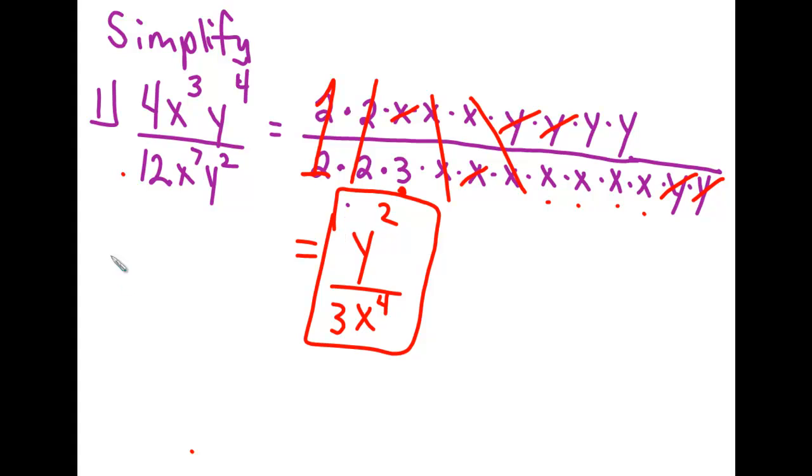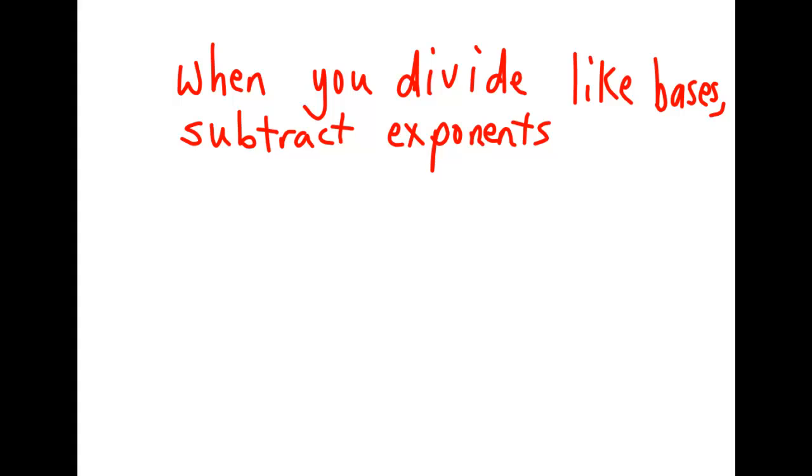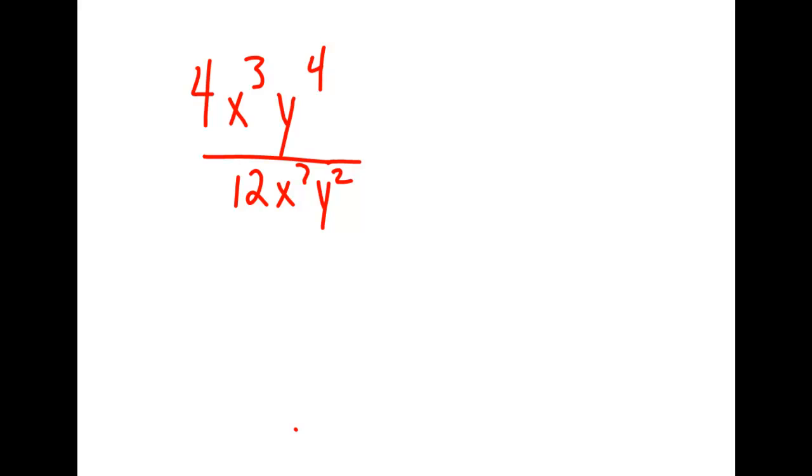The other way to look at this is to remember that you can subtract the exponents if you remember your exponent rules. The rule we will be looking at is: when you divide like bases, subtract the exponents, and the base stays the same. So we take the same problem. 4 goes into 12 3 times. Notice 3 is smaller than 7, but both these x's have the same base.